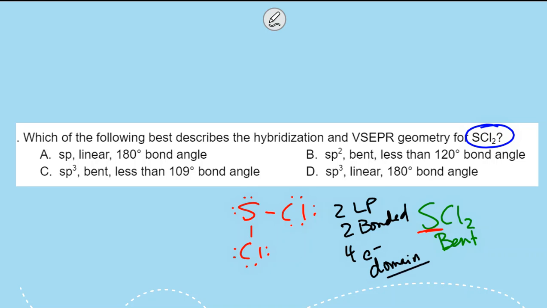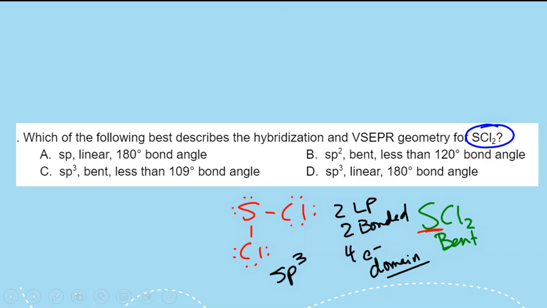That means we have 4 electron domains. So what does that tell us about our hybridization? 4 electron domains means 4 orbitals have to merge. So 1 s and 3 p. So we have sp3 as the hybridization on bent shape. Bond angle. Which one's the best choice out of these ones up here?